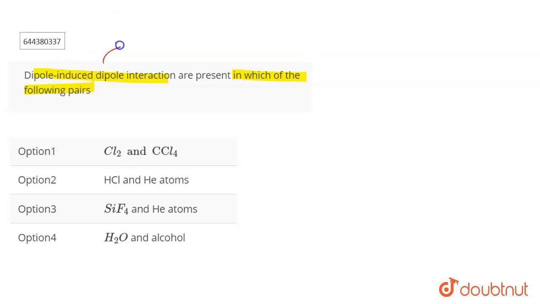Right. So dipole-induced dipole interaction arises when you have a polar molecule which has a permanent dipole moment, interacting with a non-polar molecule, or a molecule having a zero dipole moment.